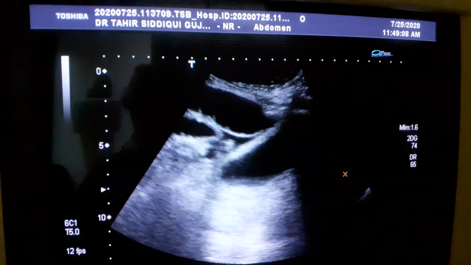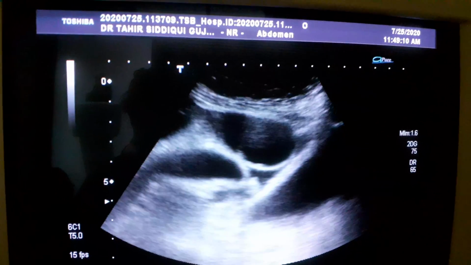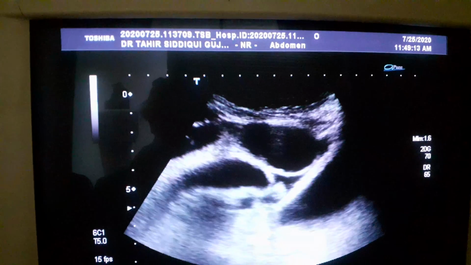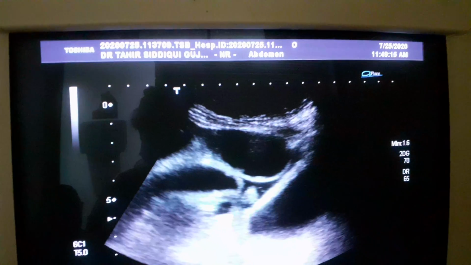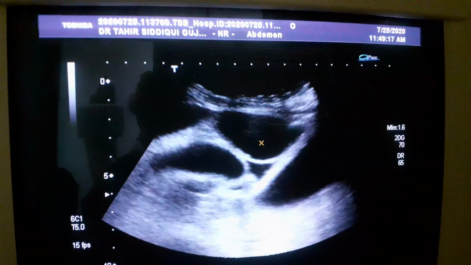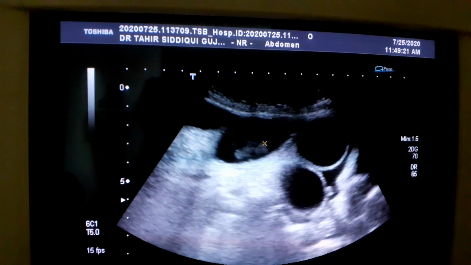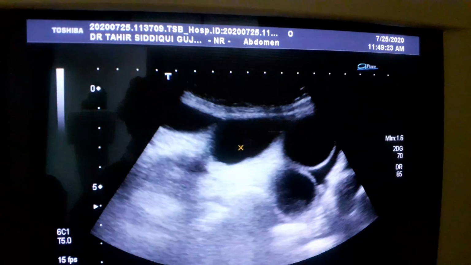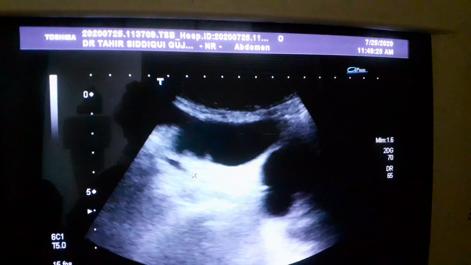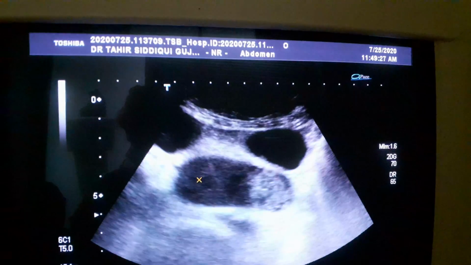You see, in this region, all the bowels are distended. This is a bowel loop, this is a bowel segment, these all are bowels with food material. This is the bowel with food material, changing its shape.